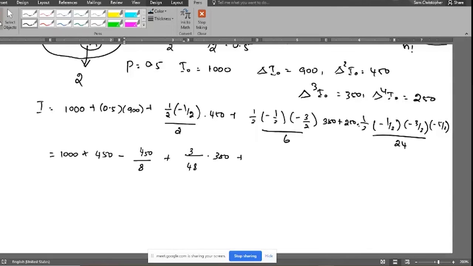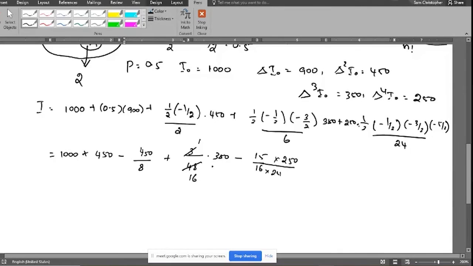Minus over minus, 15 by 8, 15 by 16, 15 by 16 into 24. So this is what we need to do. So 3 comes up. 16, 350 cancel.